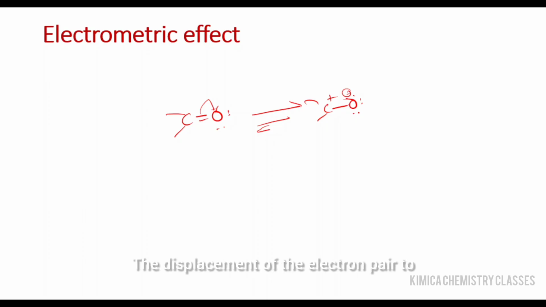The displacement of the electron pair to oxygen rather than to the carbon is due to the greater electronegativity of oxygen as compared to the carbon atom. So the complete transfer of the shared pair of pi electrons of a multiple bond to one of the bonded atoms due to the requirement of an attacking reagent is called the electromeric effect, or we simply call it E effect.